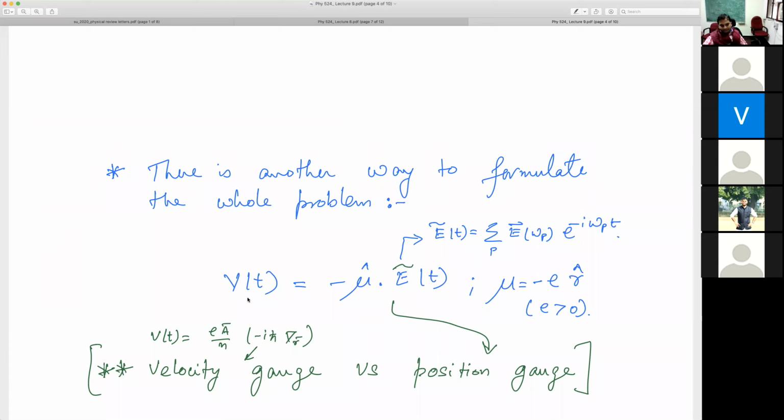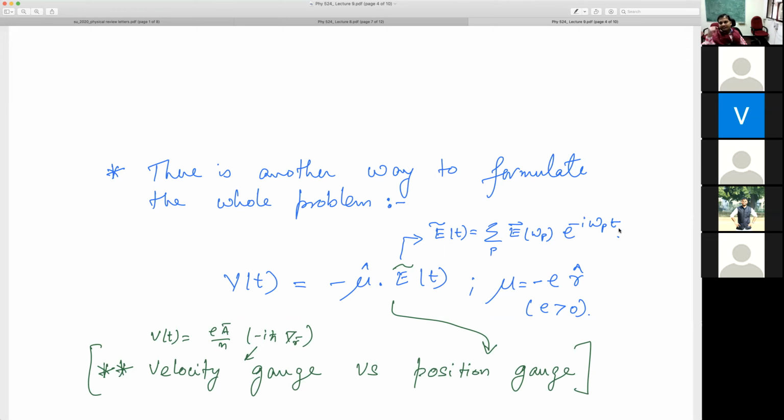And remember, here I am using the notation of Boyd. Wherever he uses tilde, he means, number one, a vector, and number two, a very fast time dependent quantity. So E tilde, for example, is the sum over p of E vector omega p. The tilde has gone to vector, and the fast time dependence I have written explicitly outside, e to the power minus i omega p t.